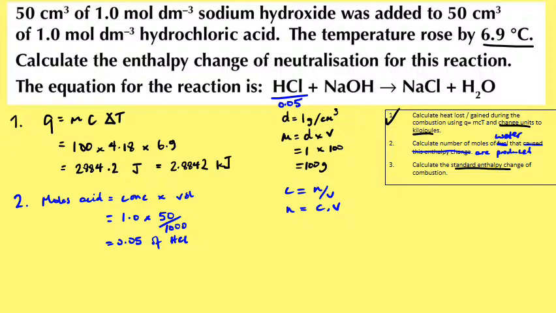Now, if we know that we've got 0.05 moles of HCl, we can refer back to the balanced equation and see this 1:1 relationship between the number of moles of acid used and the number of moles of water produced. So if we're using 0.05 moles of acid, we are making 0.05 moles of water.